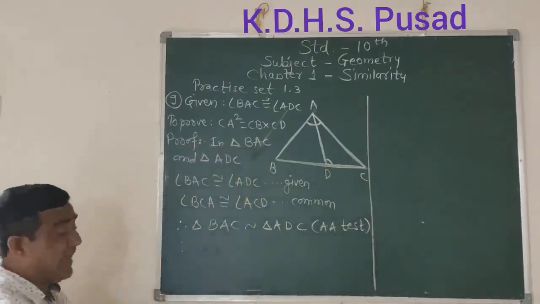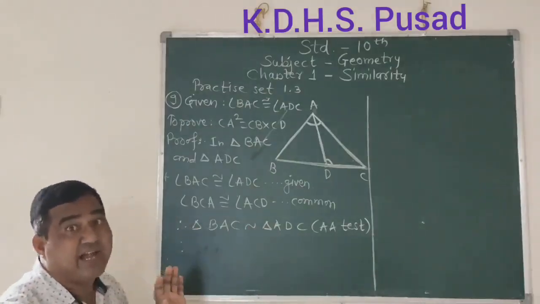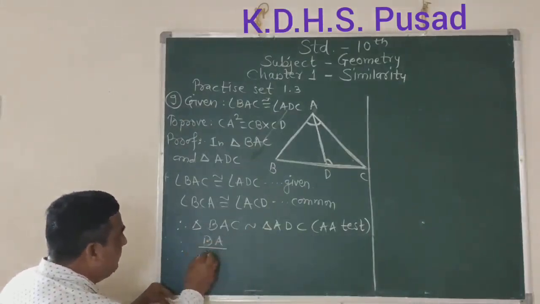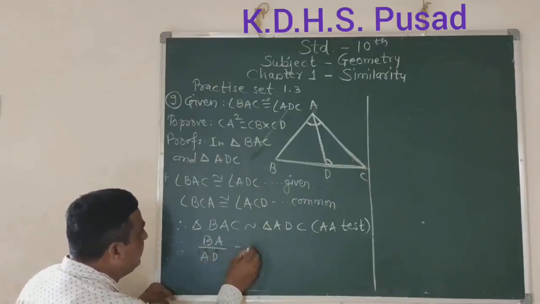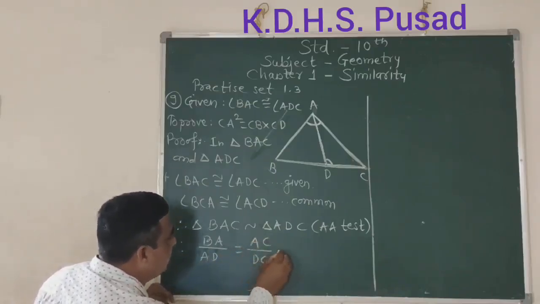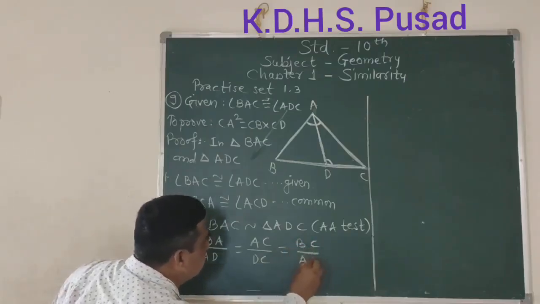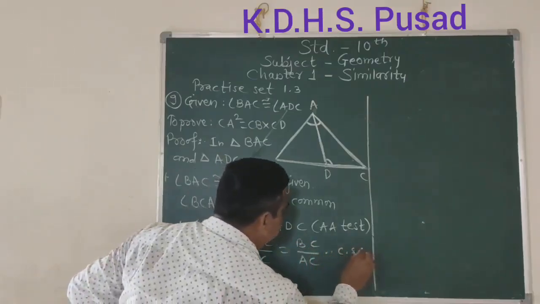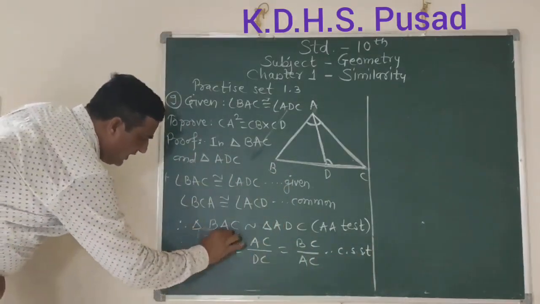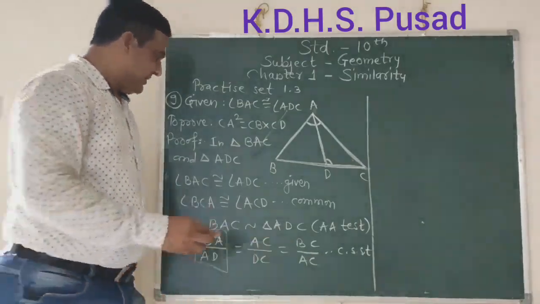That we have done. And as we know, if two triangles are similar, their corresponding sides are in proportion. So here BA by AD is equal to AC by DC is equal to BC by AC. That is corresponding sides of similar triangles. Okay, that we have written. I don't want this portion, so neglect this portion. Now check this portion. AC by DC equal to BC by AC.